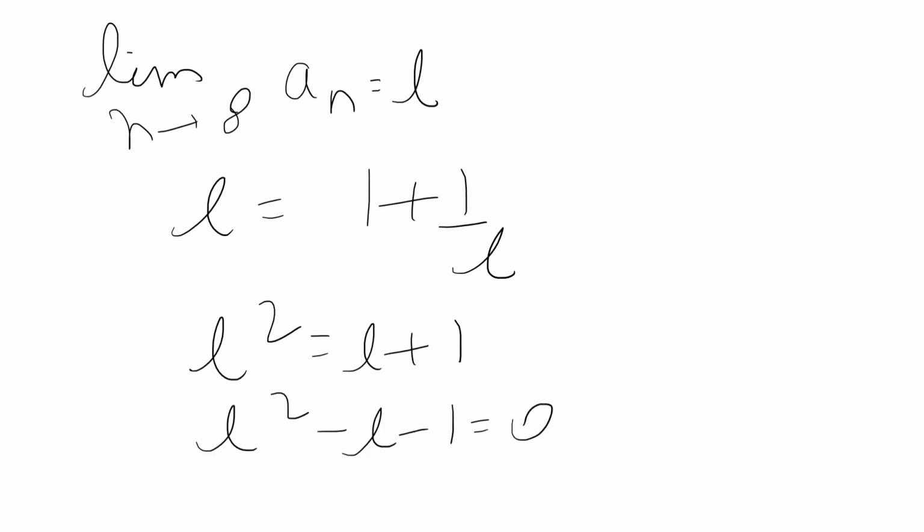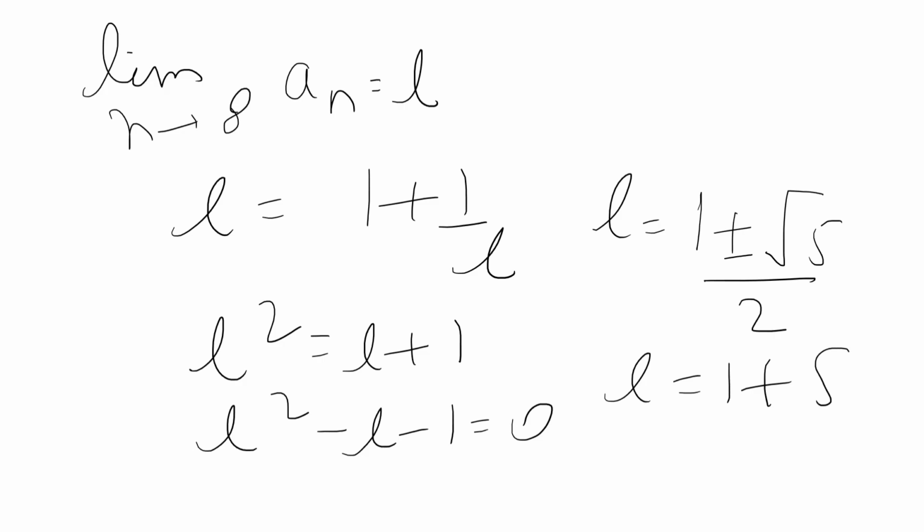On solving it, we will get L is equal to (1 plus minus under root 5) upon 2. And the value of L is equal to (1 plus under root 5) upon 2. We will take only the positive value, not the negative value.